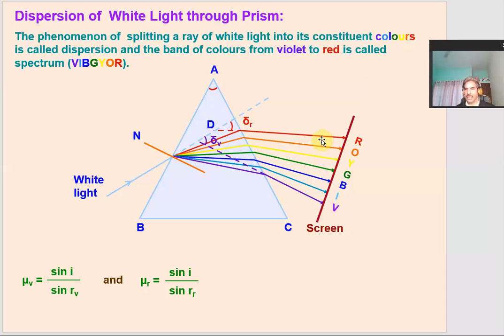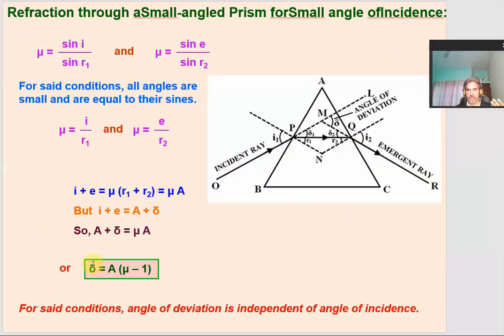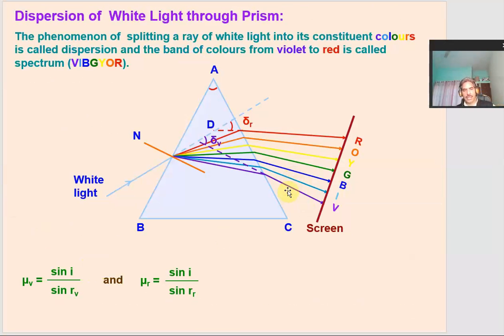As the wavelength goes on decreasing, the refractive index goes on increasing, and with the increase in refractive index, according to this formula, the deviation increases. Therefore violet bends the most and red bends the least as they pass through a prism along the path of the white light. This is the reason why dispersion of white light or any composite light takes place whenever it passes through a prism.